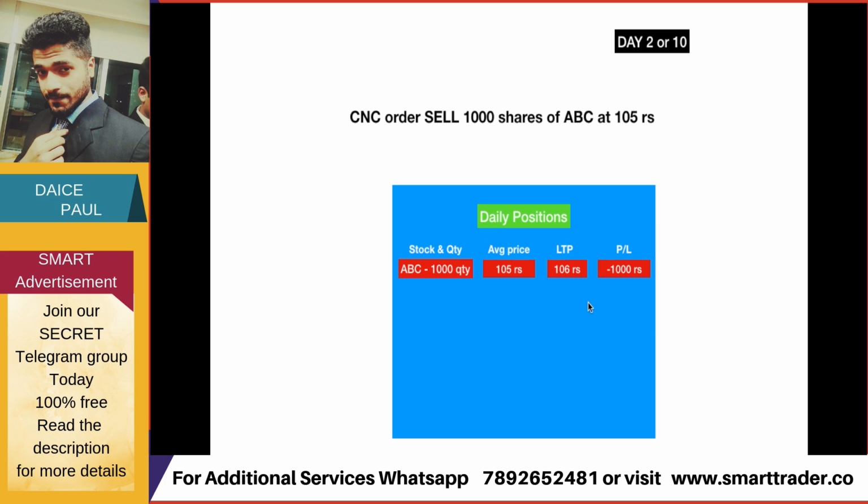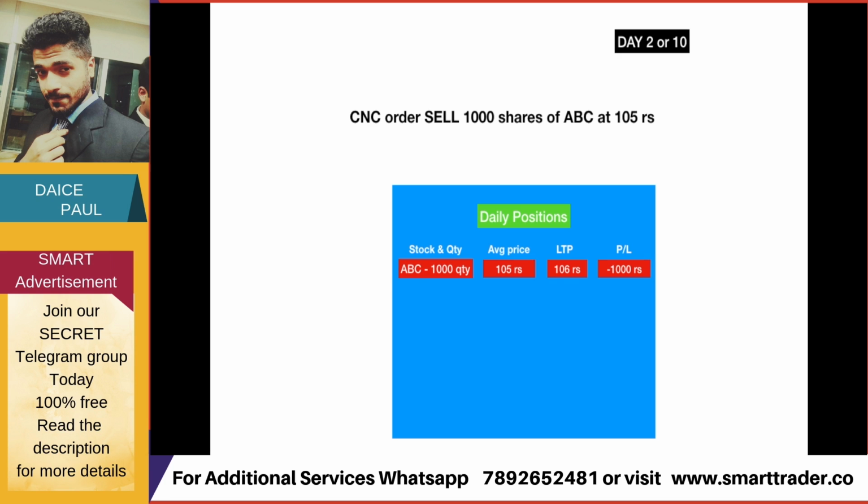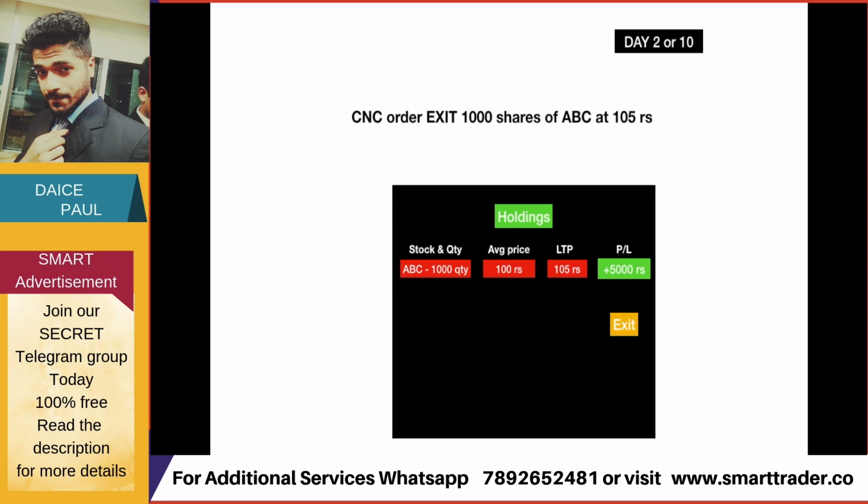It will keep changing as per the market value. So don't consider this, because you have already sold, and after the market closes you already have the shares in your demat account. The holdings will have 1,000 shares. So this 1,000 shares will become net off, and automatically your portfolio will be cleared with that 5,000 rupees into your bucket. Brokerage is another story, but I'm just telling you as an example.